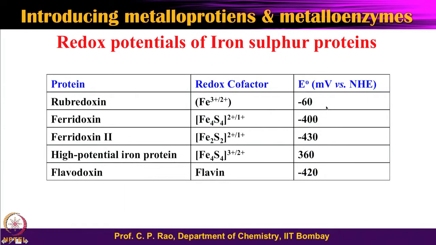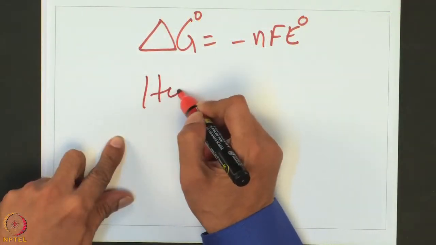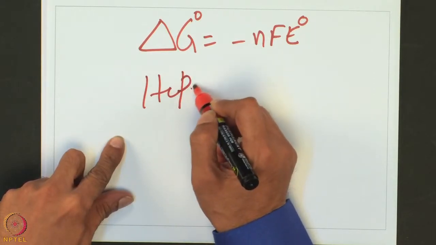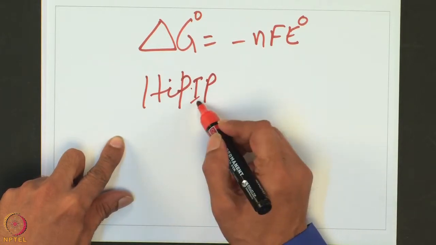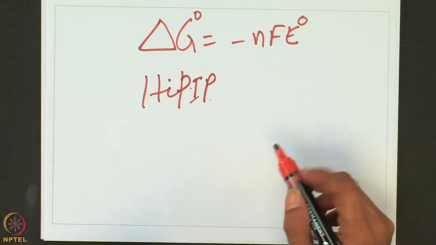Let us look at such proteins more closely: rubredoxin at minus 60, ferredoxins at some minus 400, and a different type of 2 iron Fe2S2 ferredoxin at minus 430. There is something called high potential iron sulfur protein, or HiPIP.